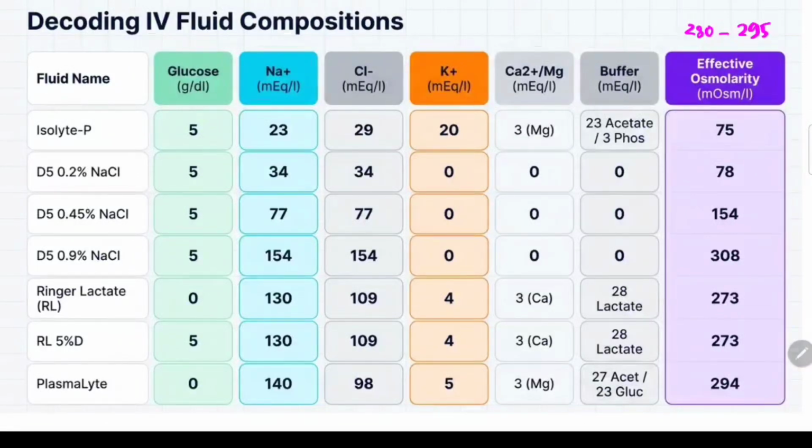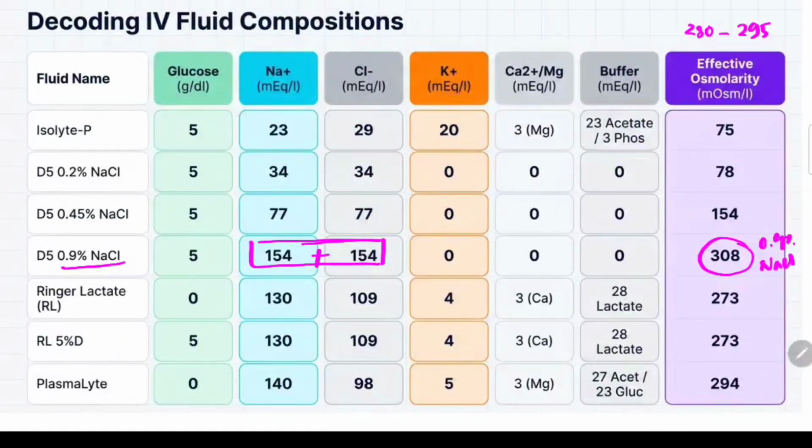Now, the 0.9% sodium chloride with added 5% dextrose has the osmolarity of 308. Just add 154 plus 154, that is 308.